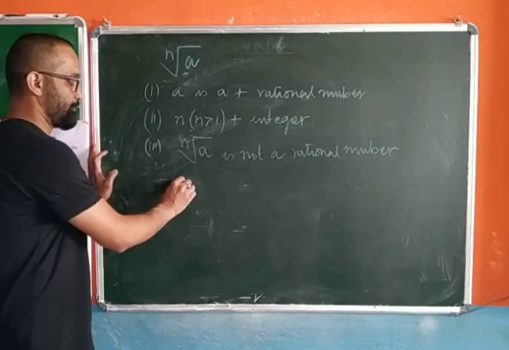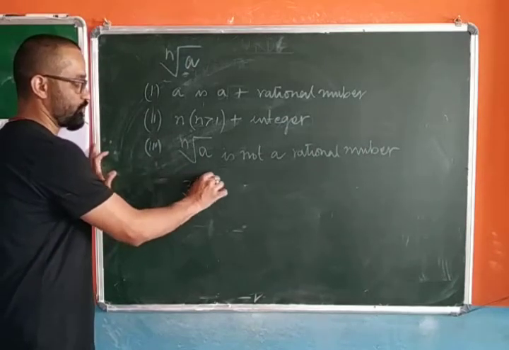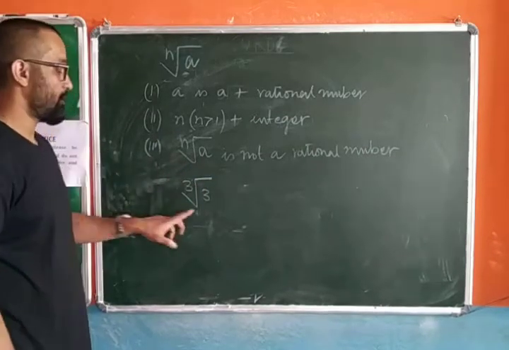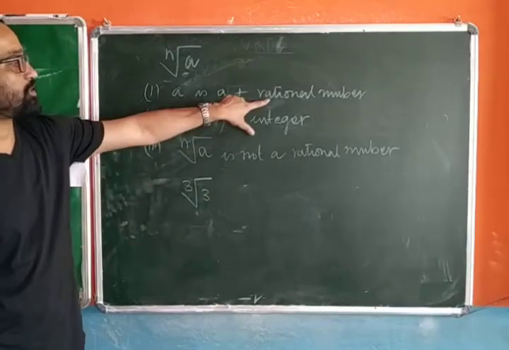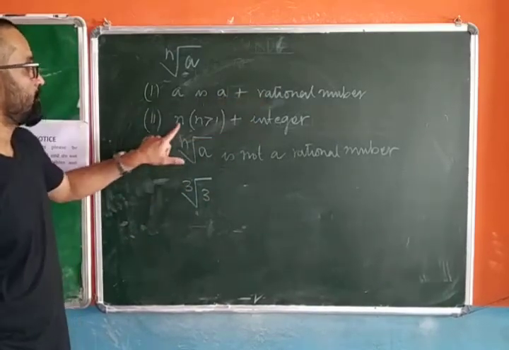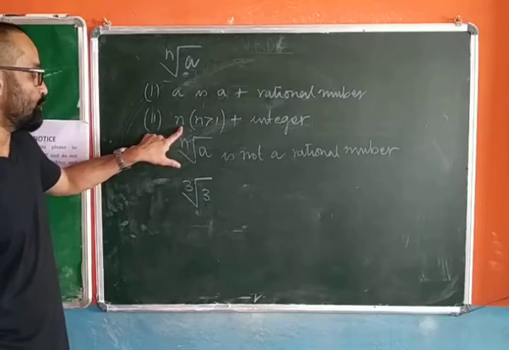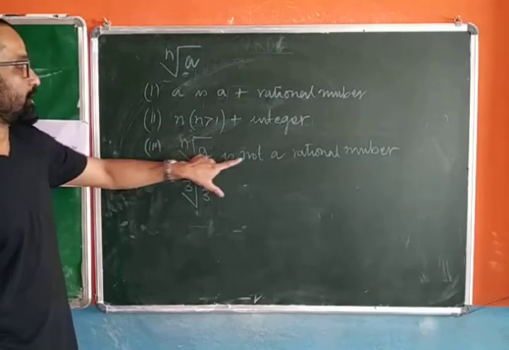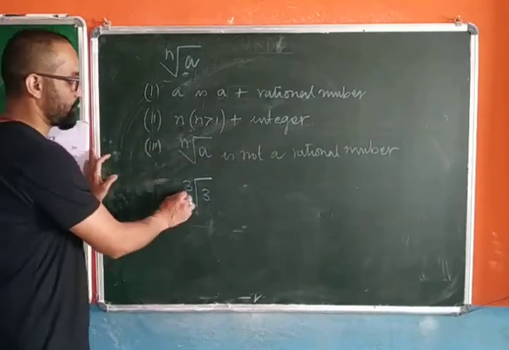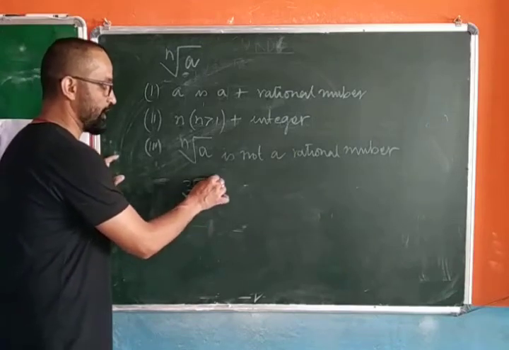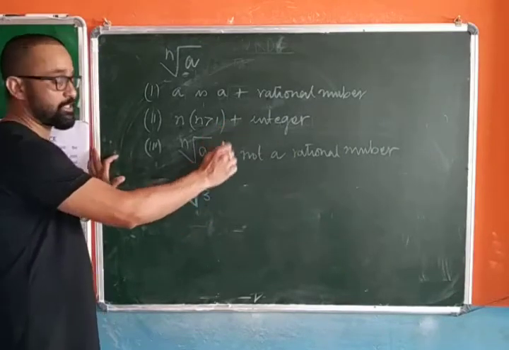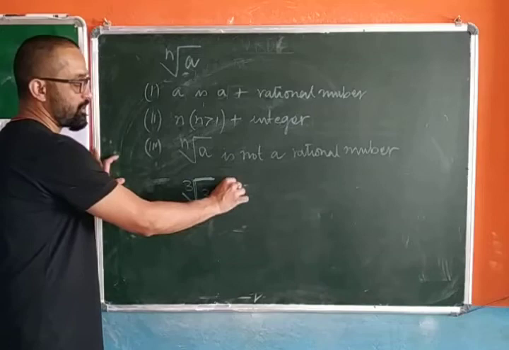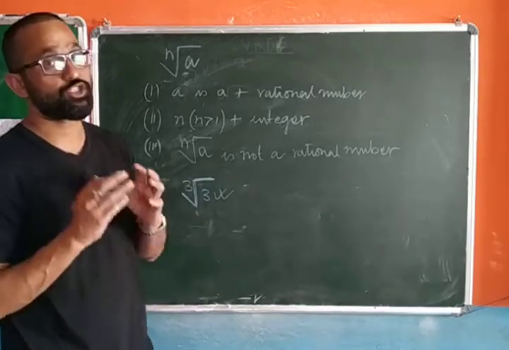Suppose I write cube root of 3. 3 is a positive rational number. n is the power. Cube root of 3 is not a rational number. So this number is considered as a surd.